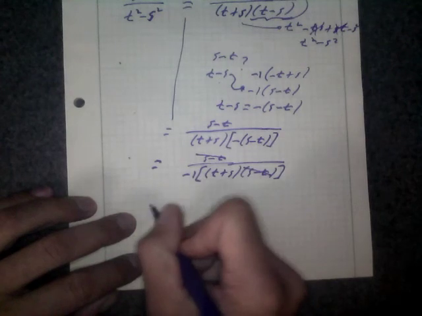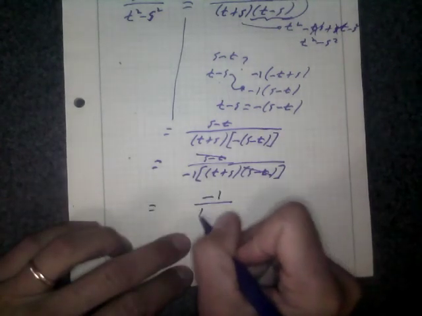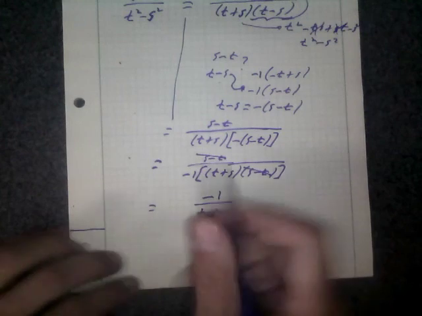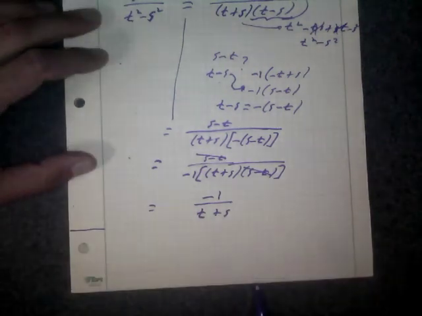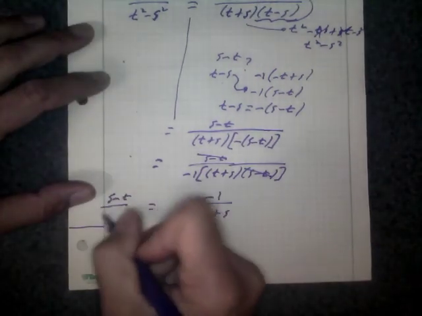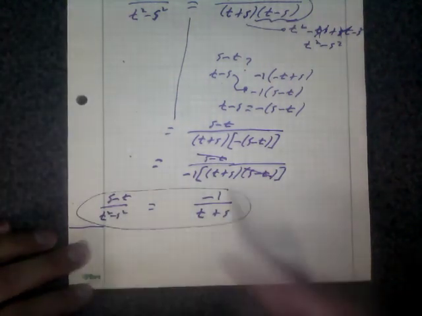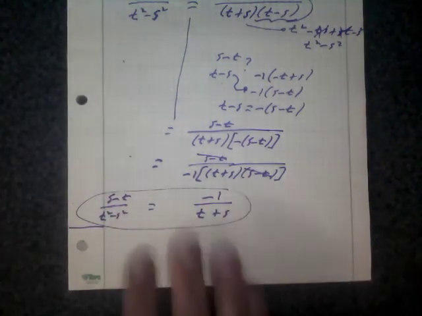Now I can move the minus 1 up to the top, so I'll have minus 1 over t plus s. That's your final answer. So putting it all together, the original fraction s minus t over t squared minus s squared is equal to negative 1 over t plus s. There you go.